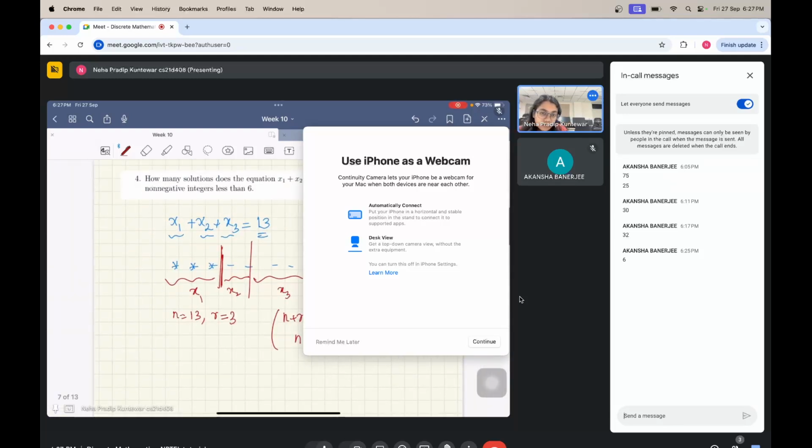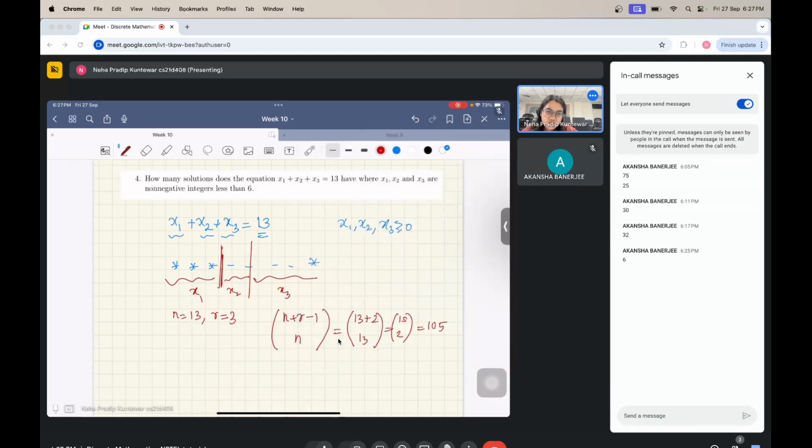Okay, and why did we do this? We first try to find out all the possible solutions that you can have, and now you don't want all of the solutions.